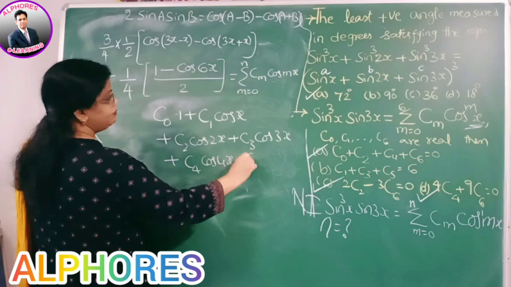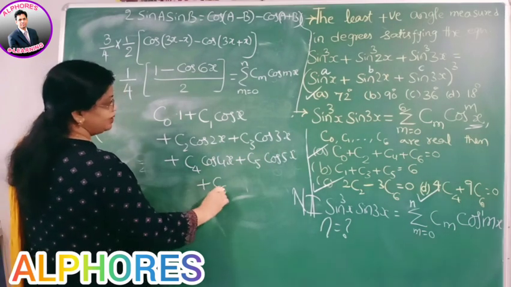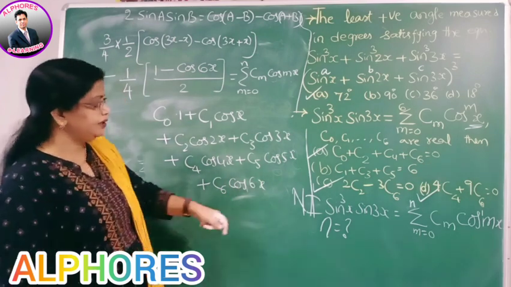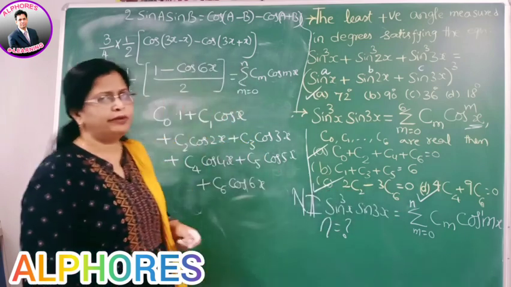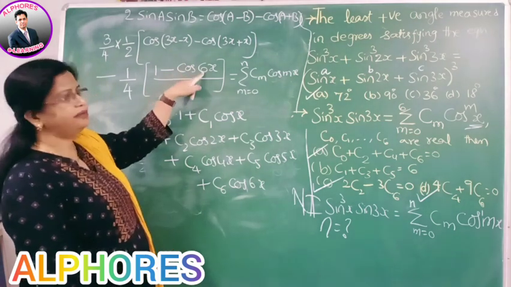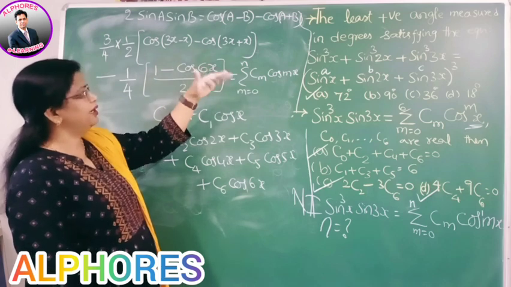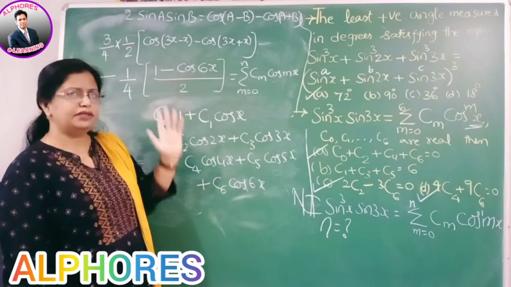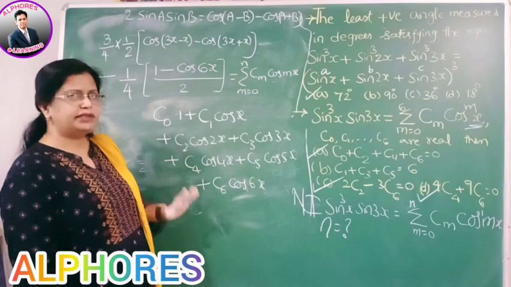Next value C5 cos 5x. Later finally you will get C6, how much here? Cos 6x. Like that it continues. But in the question they are asking where the process is going to terminate. Understand? So where is it going to terminate, students? It is terminating by the 6 value. Not beyond. If you expand and write values also, all coefficients you will get here are zeros only. That means what would be our n now? It is just 6 only.